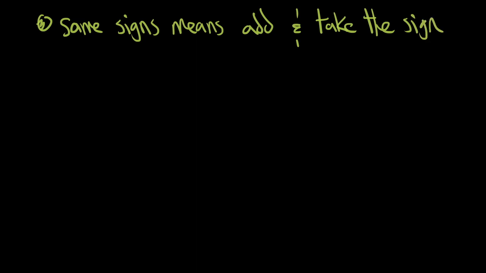So example, let's say you had negative 14.2, take away 6.3. You're saying, well, I have two negative signs, and that means they're the same. So I'm going to add them together, but I'm going to take that sign.